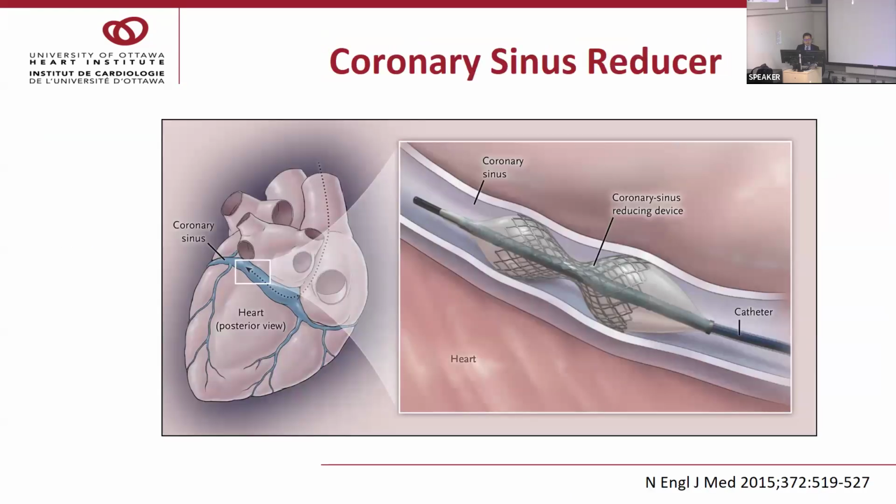One of the recent topics includes the coronary sinus reducer. This device consists of a metal mesh device pre-mounted on a balloon catheter that is hourglass shaped when expanded. The coronary sinus reducer is designed to increase venous pressure and redistribute blood flow from non-ischemic segments to ischemic segments, thereby reducing anginal symptoms.